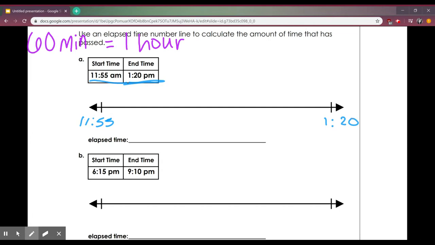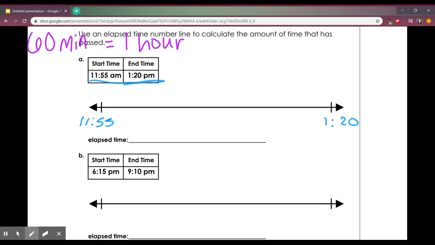And now we need to think about what kind of jumps we can make to get to 1:20 while starting at 11:55. The way you do this is you just think about what logical jump you can make.